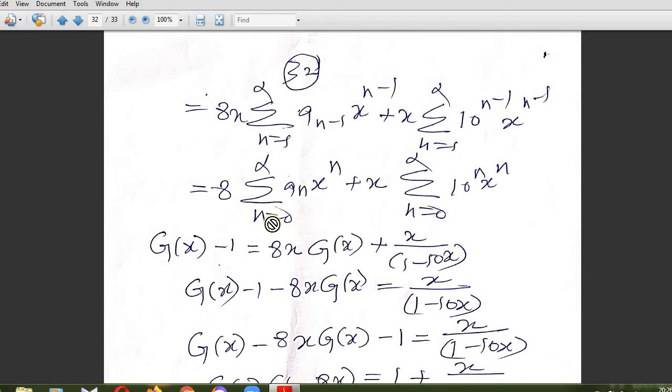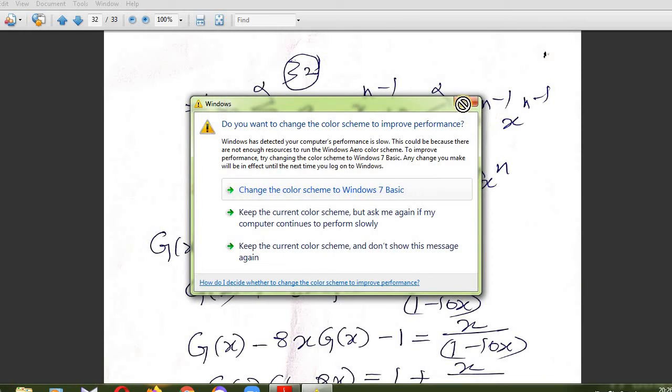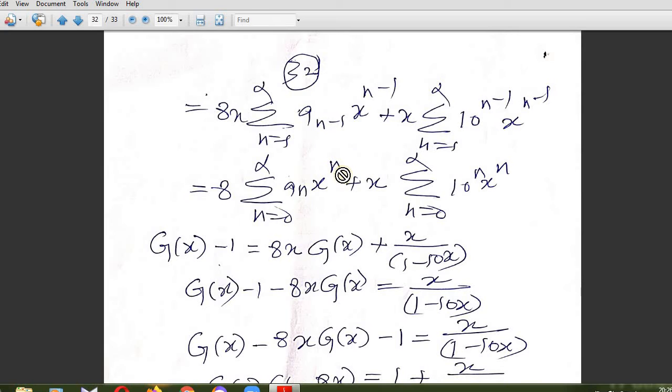Now from this to here, from here to here, summation n tends to 0 to infinity a n x power n. So actually, when n is equal to 0, what will we get? a naught x power 0. Am I correct?